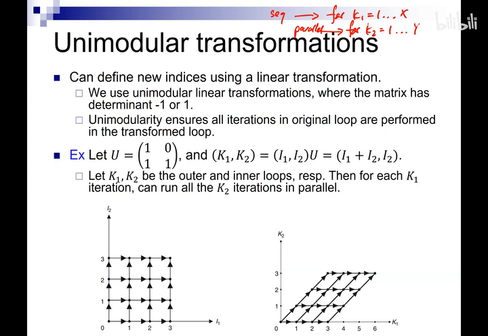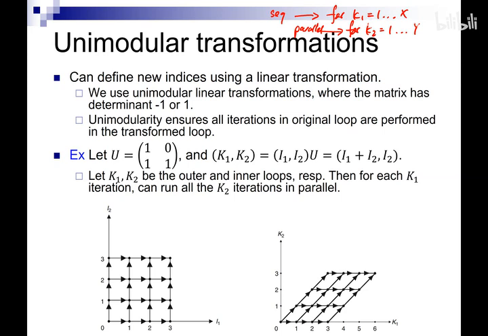The reason we have to use unimodular linear transformations is because after you transform these loops, you need to make sure that every one of the iterations you did for the I iterations, you also do in the K iterations. You can't skip any work. The only thing you can do is try to do these I iterations in some different order.